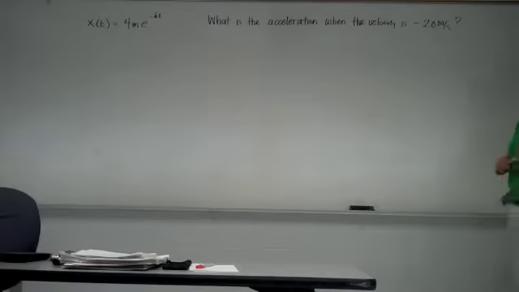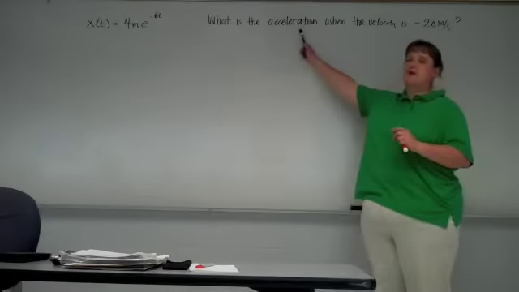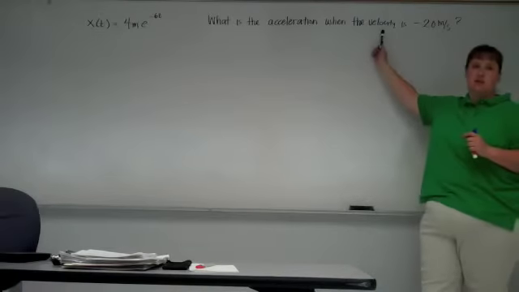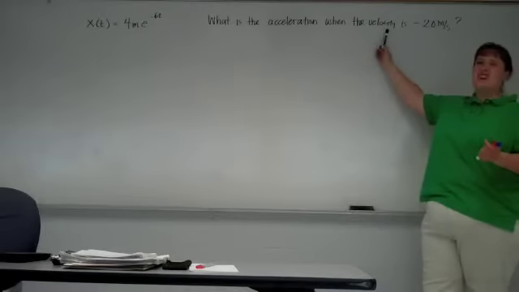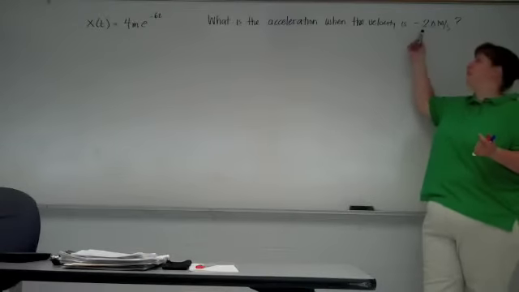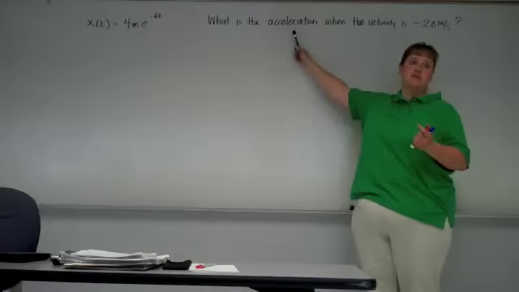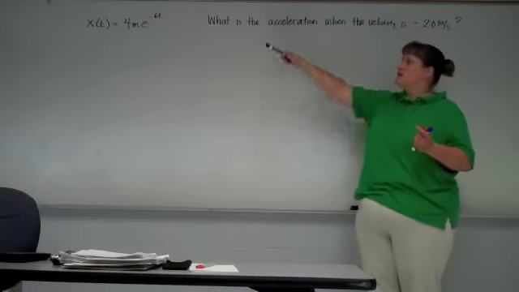So this means we need an equation for acceleration and we need an equation for velocity both to work with. Because number one, we're going to have to use the velocity equation to figure out what time this happens at. And then once we have that time, we're going to come back and figure out what the acceleration value is.